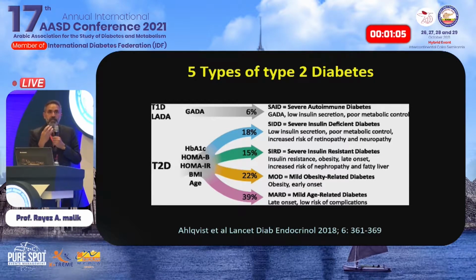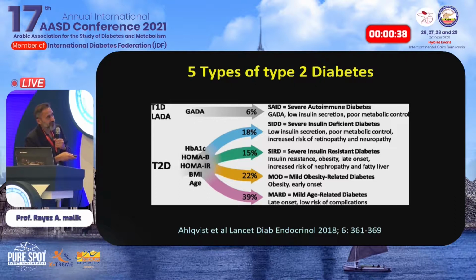And you and I recognize these patients because these are the patients you will see in your clinic who are thin, right? They're not overweight, they're not insulin resistant, and yet we think that just because they present at the age of 45, they've got typical type 2 diabetes, but they don't. So they have insulin deficient diabetes, low insulin secretion, poor metabolic control, and an increased risk of retinopathy and neuropathy.